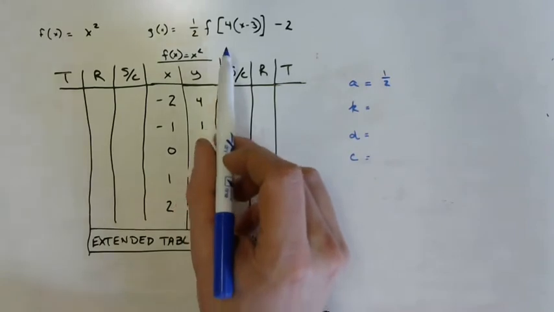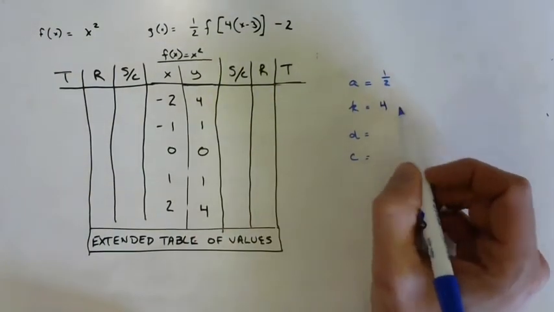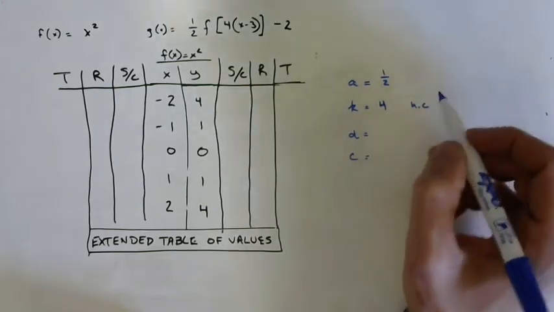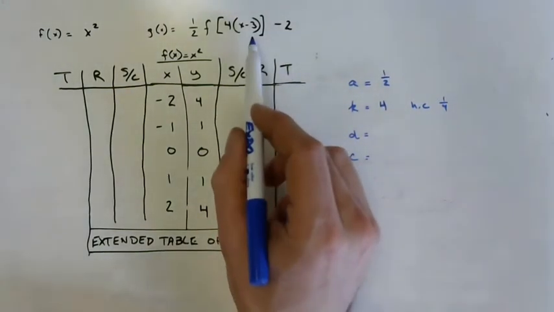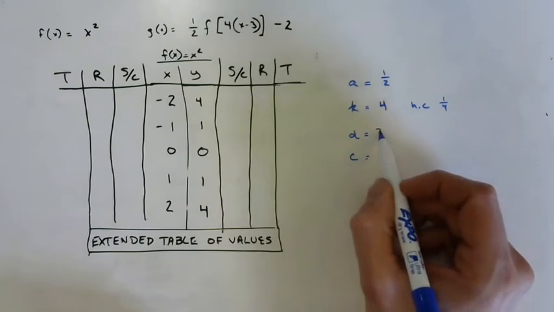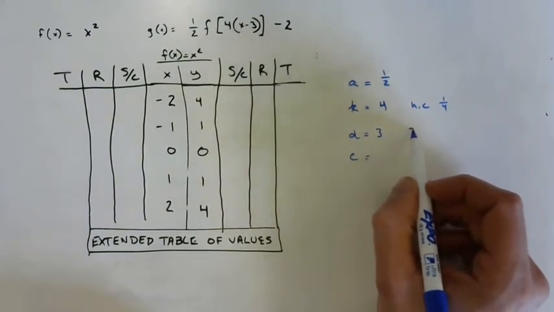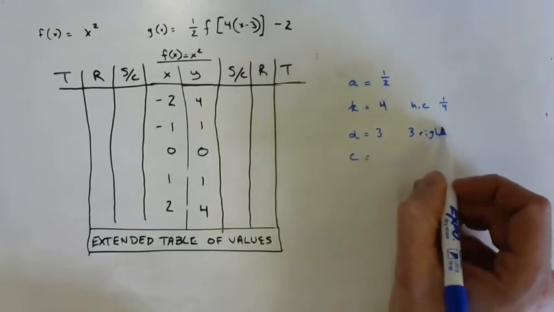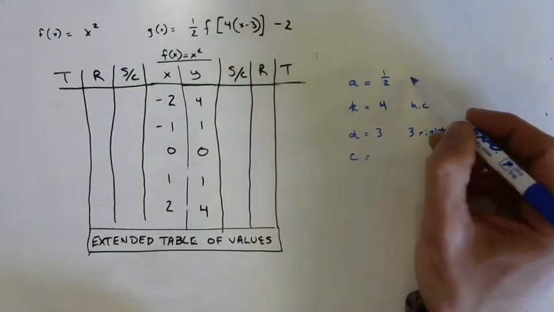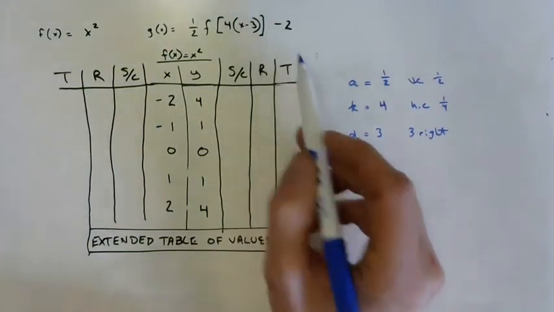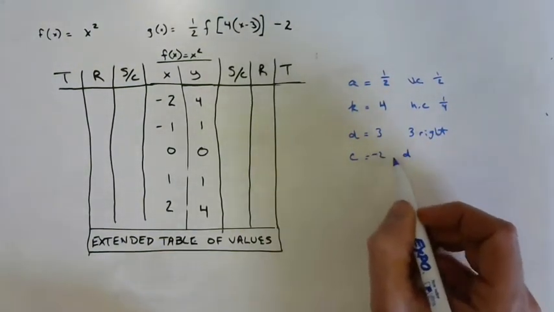K is 4, so that's a horizontal compression by a factor of 1/4. D is positive 3, so that is a shift to the right 3 units. I'm just shorthanding it quick. Yeah, you already have these. C is -2, so we're going down 2.